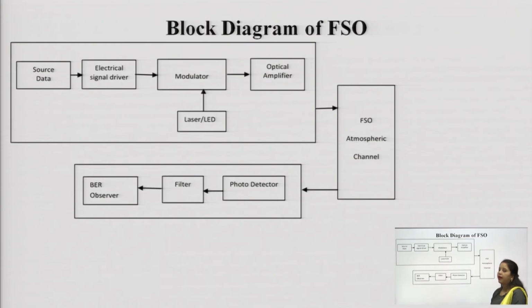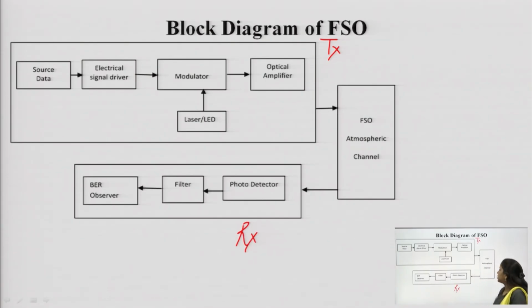So our amplifier is basically added for the amplification purpose. Then a transmitting medium which is our atmospheric channel. Now comes to the receiver point. This all comprises the transmitter, and these are the receiver ones.